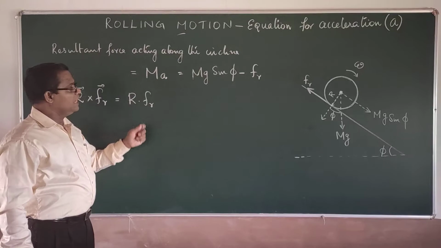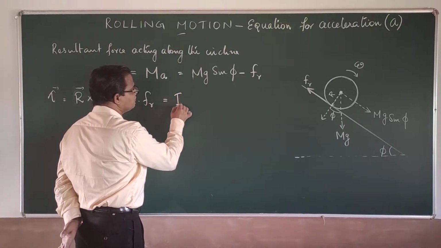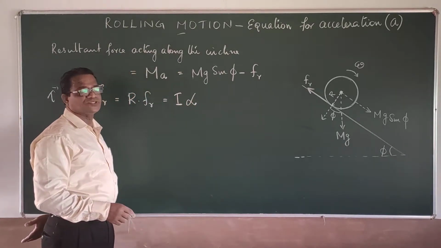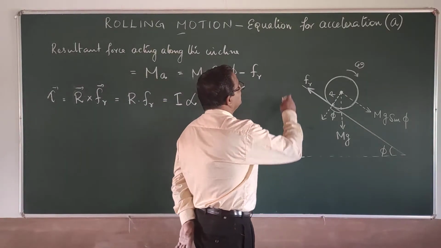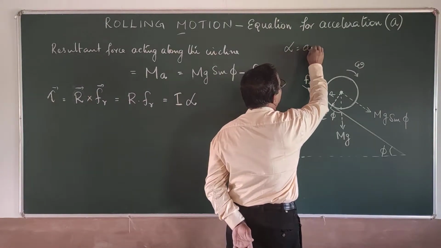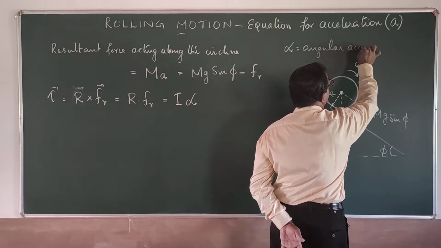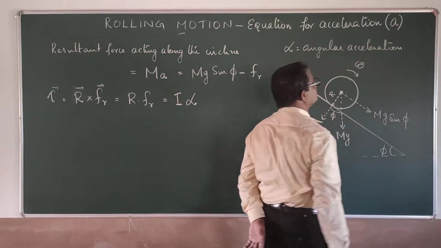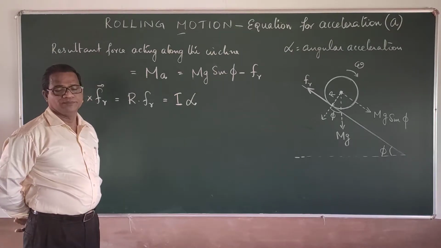Alright? And this R into Fr, I can take in terms of moment of inertia of the body into angular acceleration alpha. This already you know. Alpha is the angular acceleration of the rotating body.